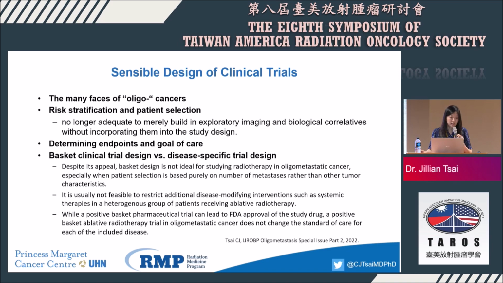I think it boils down to the definition of oligocancers because, as I mentioned before, there's really no universal definition, and a definition based on clinical factors counting the numbers may not be adequate. We probably need to know more about the patient's treatment history, how they develop resistance from their first-line treatment, and be more disease-specific in our design so that we can capture these patients better.